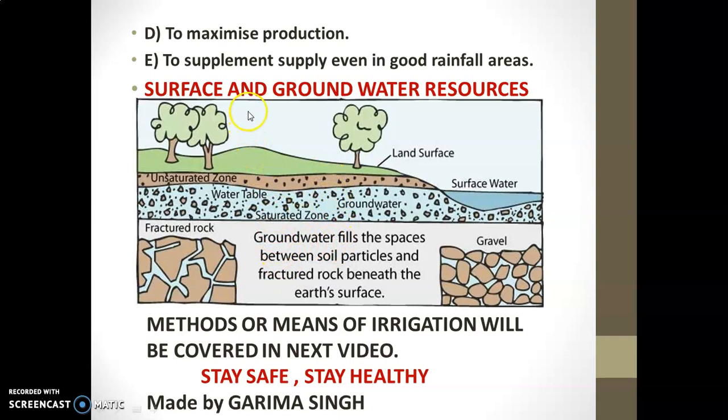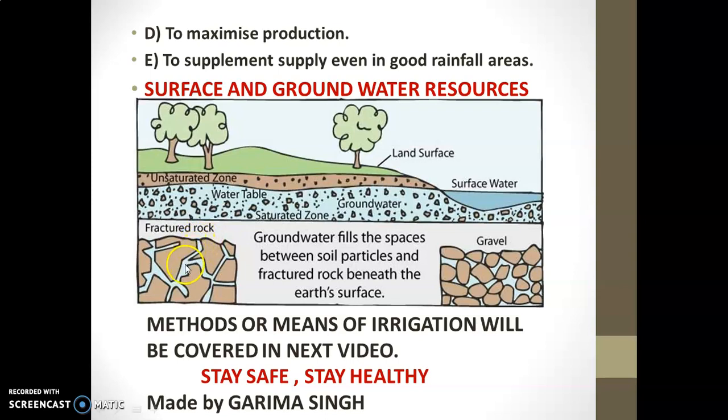As we know, when rainfall occurs, the water percolates through permeable ground. Permeable ground means porous ground, which absorbs the water. When rainfall occurs, the water seeps down through fractured rock.